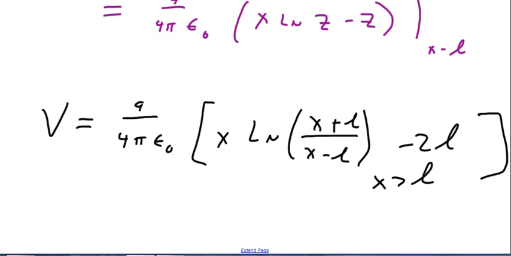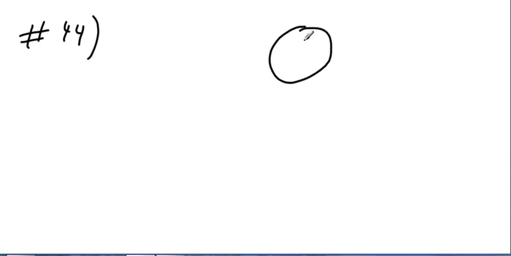Okay. Now I'm going to do 44. A metal sphere of radius r naught is 0.44 meters.